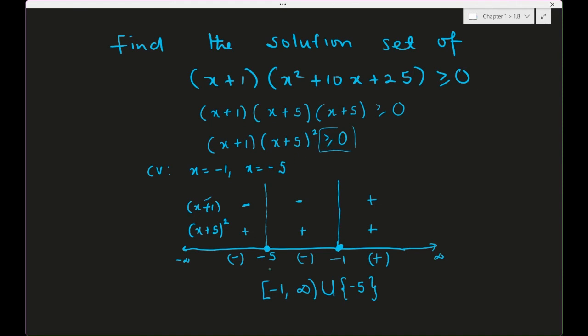Yes, so it's part of it. So you have to include it. Here we don't have to worry because minus 1 is already taken care of. It's included in this interval, minus 1 to infinity. So minus 1 is closed here, so we don't have to worry about it. But we need to add minus 5, which is not involved in this interval. But because of this equal to 0, we have to include minus 5.